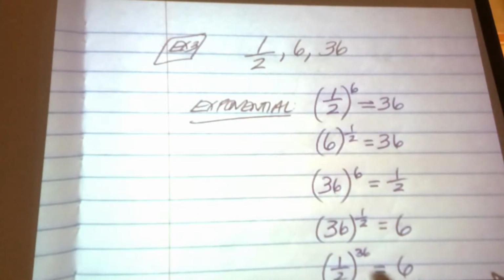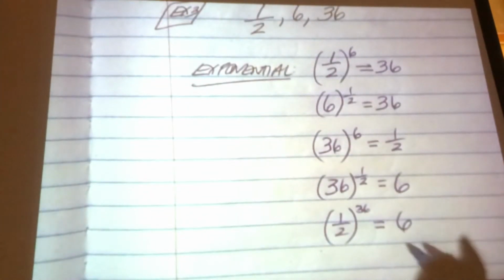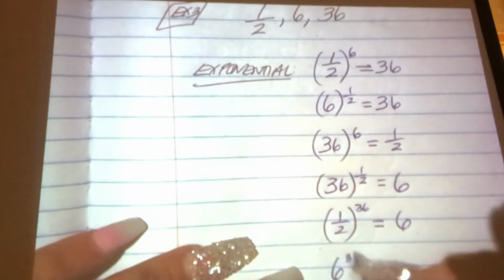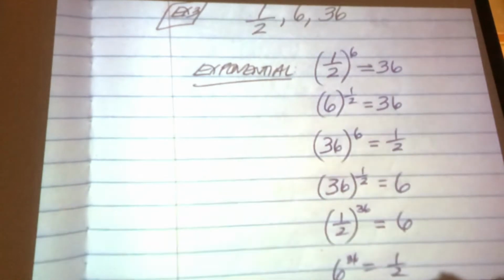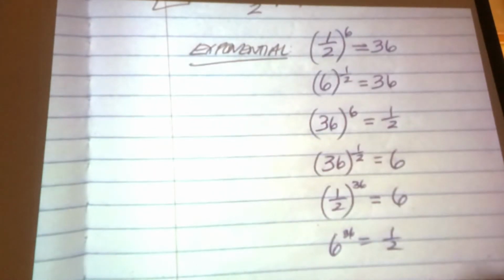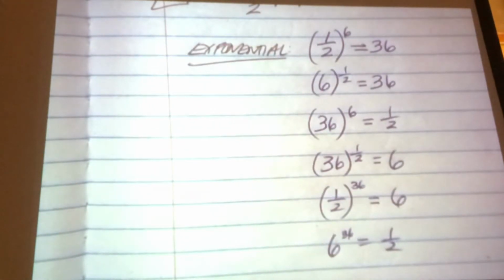Am I missing anything else? 6 to the 36, that equals 1/2. Even writing this looks ridiculous. Yeah, that one. So you just have to figure out which one of these is the true statement. Can you take a minute and do it on your own, please? Tell me which one's the true one.